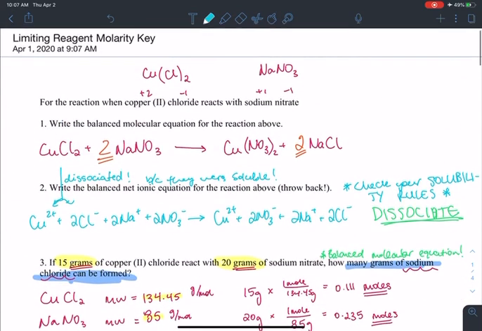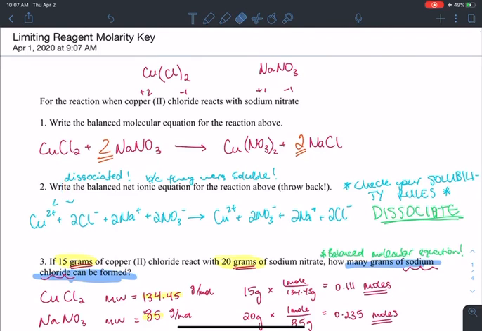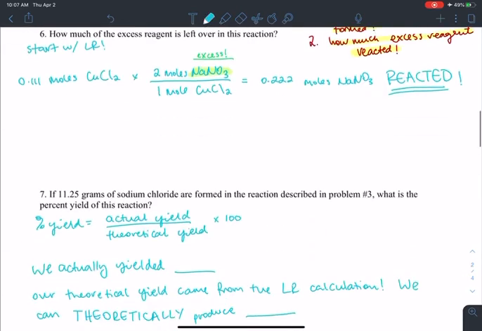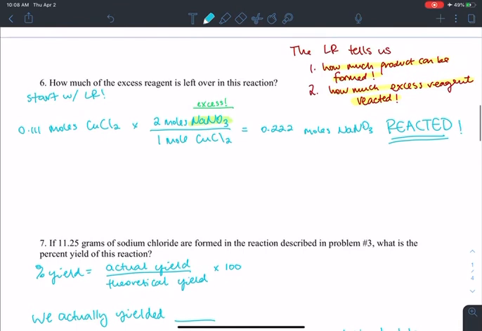When you're looking at a reaction, okay, I'm going to erase some of this stuff. When you're looking at a reaction, and I convert from moles of copper chloride to moles of sodium nitrate, what you're solving for is how many moles of sodium nitrate need to react with that many moles of copper chloride. If, for example, I convert from moles of copper chloride to moles of sodium chloride, what that calculation is saying is how much sodium chloride was produced, right? So you have different action words depending on what it is that you're doing. So that many moles of sodium nitrate reacted.